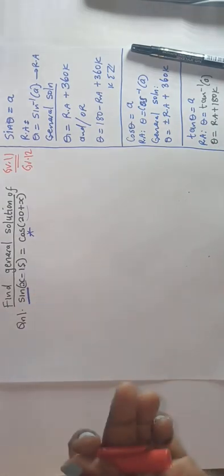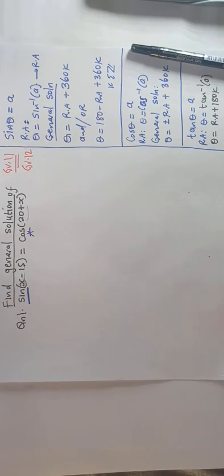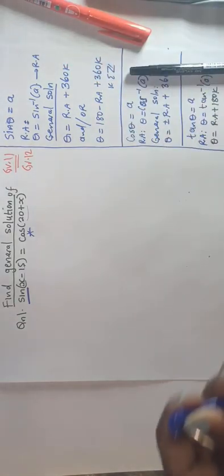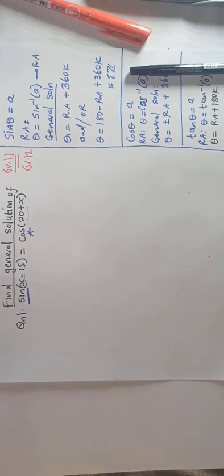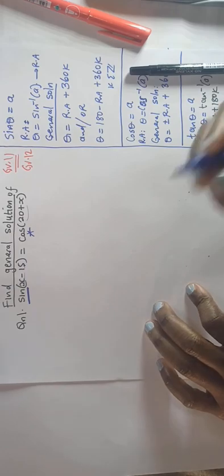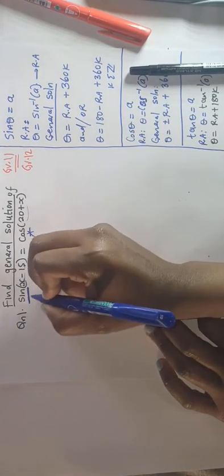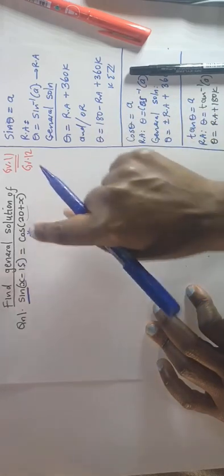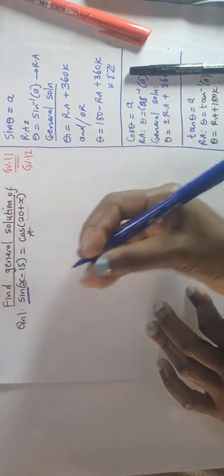Every teacher has their preference function. I always try to follow the easier route to help learners finish fast. So here I prefer to change this cosine to become sine.